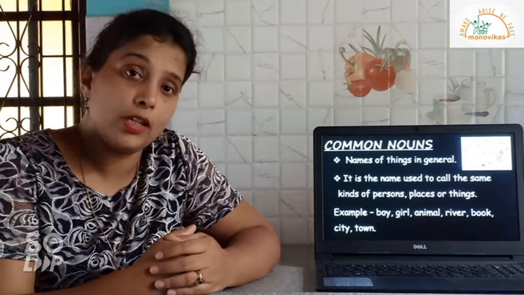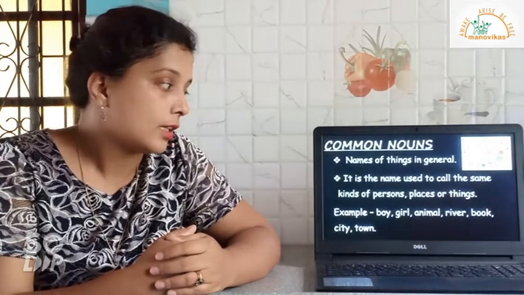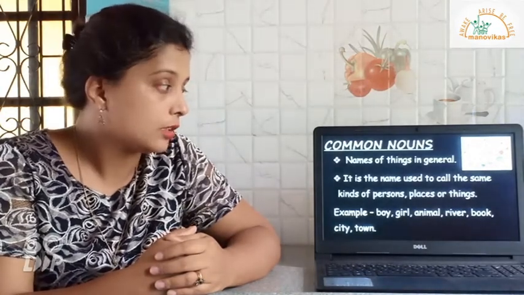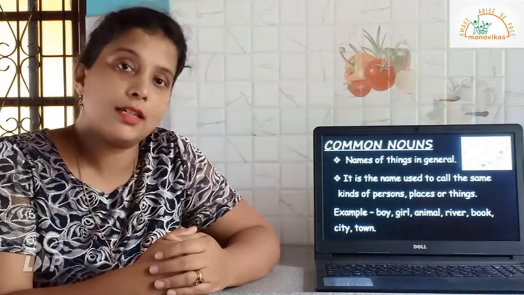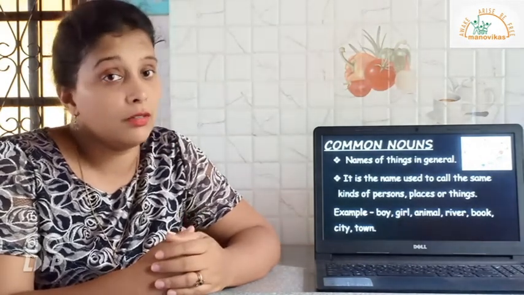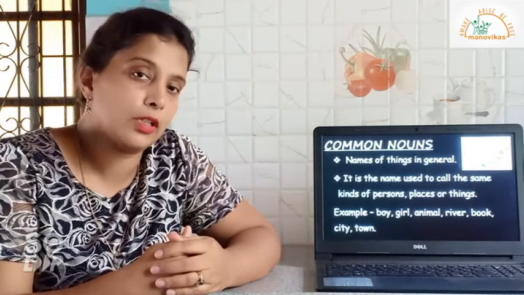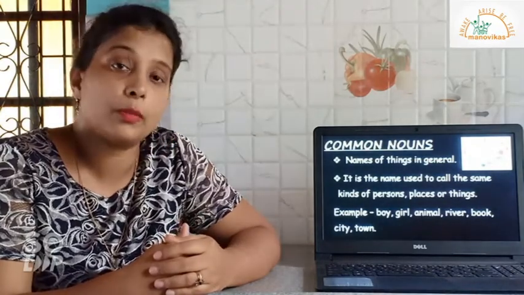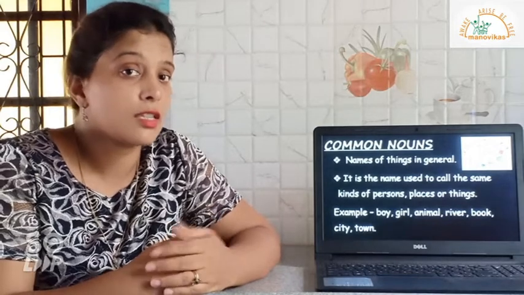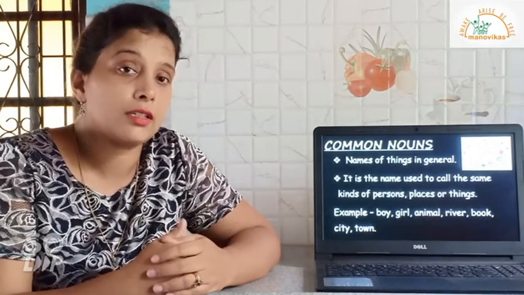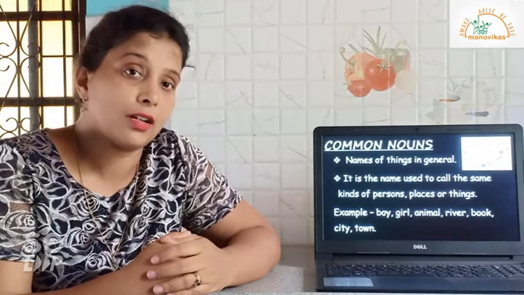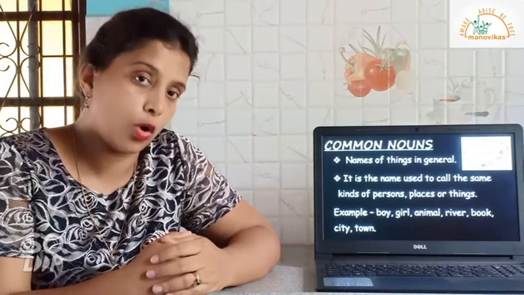Example, a boy, a girl, an animal, river, book, city, town. Here we are not referring to a particular name of the animal or name of the boy or a girl. We are just speaking of these nouns in general, and that is a common noun.